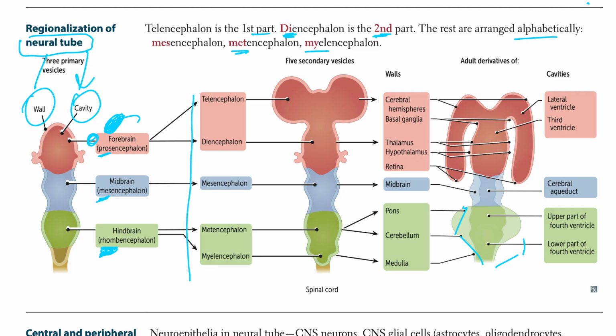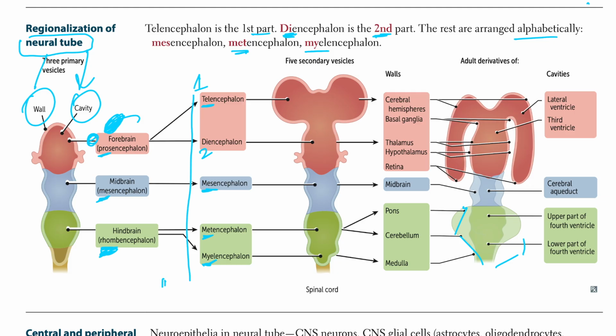And here you have the telencephalon, the first one. So just think about T as 1, di you already know is 2. Then you're left with mesen and meten. Mesen, meten, myelin, right? The mnemonic that I have, and if you have a better mnemonic, for sure just share with me, I'm happy to hear that.